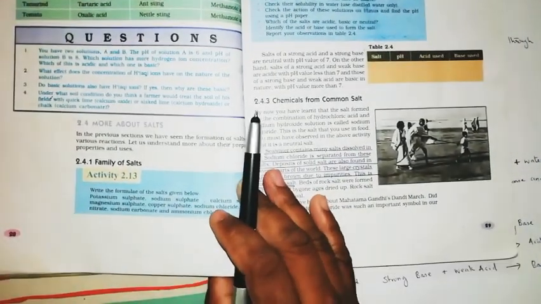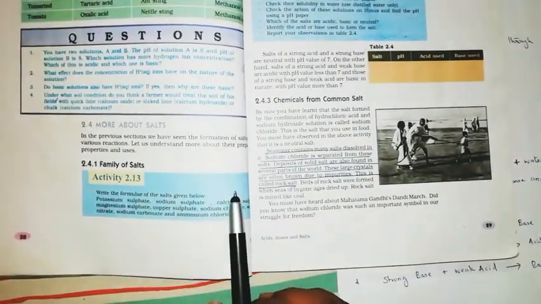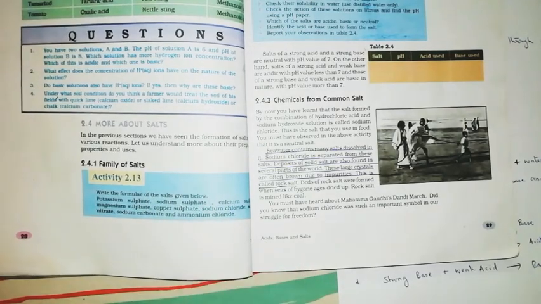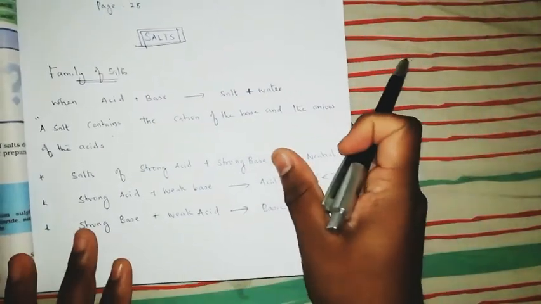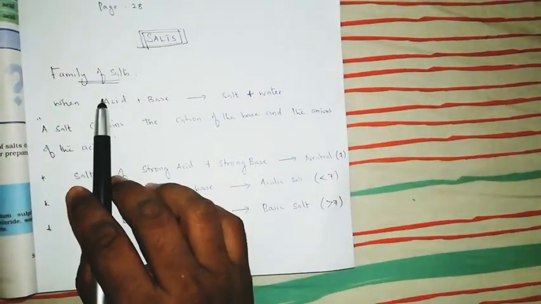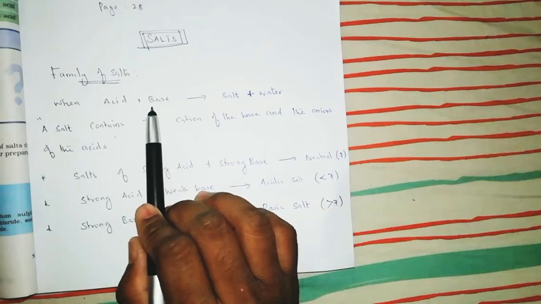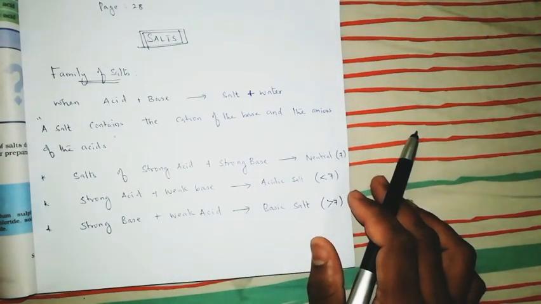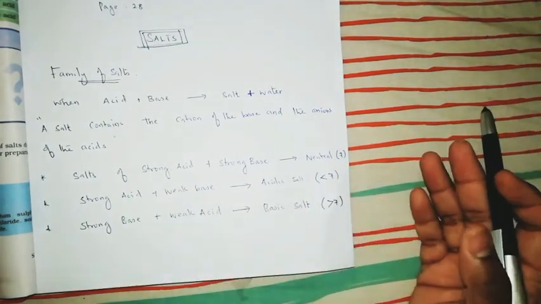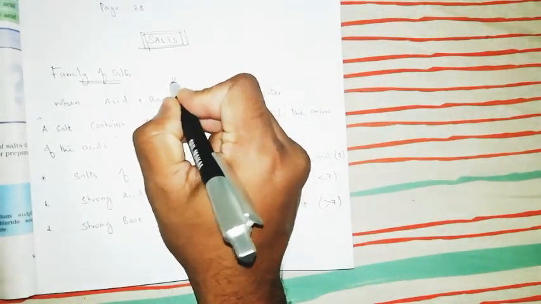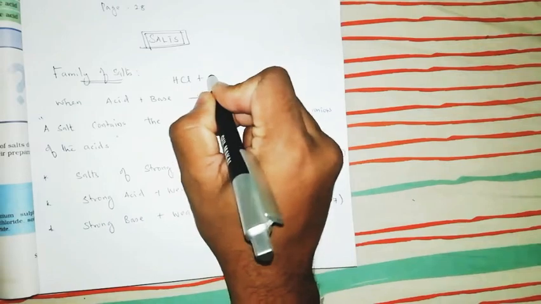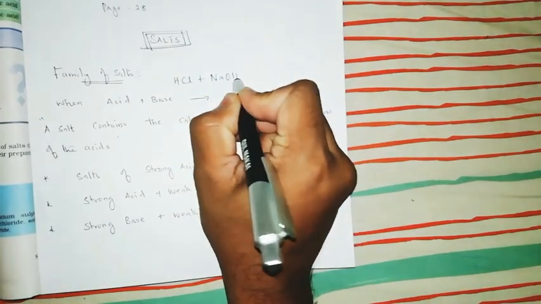Okay. But the main topic today we are going to learn is about salt. What are salts? Salts are nothing but what is produced when an acid reacts with a base: it produces salt and water. This is how salt is produced. For example, I am going to take the acid hydrochloric acid and the base sodium hydroxide.